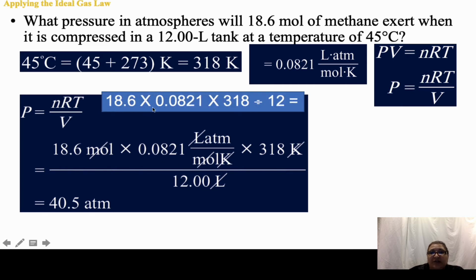So we multiply everything on top and divide by the volume, which is 12, which gives us 40.5 atm. So as long as you know that moles is n, liters is volume, pressure is either atmosphere or kilopascal, and the temperature has to be in Kelvin, you're okay.